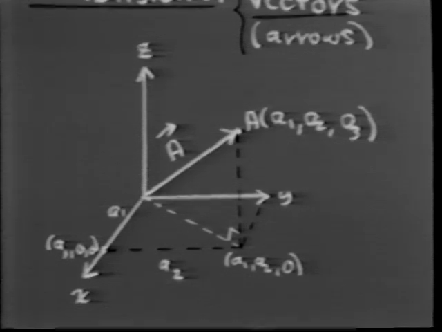I won't belabor this. It's done very nicely in the textbook, and I'm sure you have seen this type of coordinate system before. If you haven't, it takes some 20 or 30 seconds to pick up.